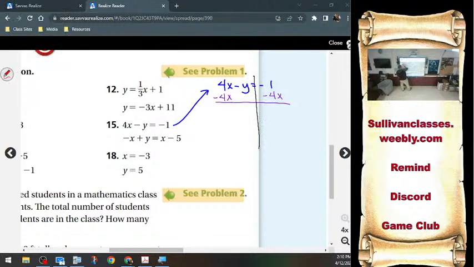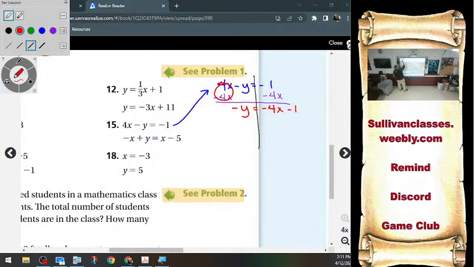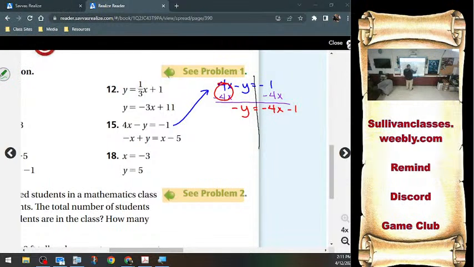If you actually put your 0 there, if you say 4x minus 4x, like we did back in first semester, then you'll catch that it's a negative y that's left over, and a negative 4x minus 1. That's what tells you you're not done. You have to multiply this whole honkin' thing by a negative 1 to get y actually by itself.